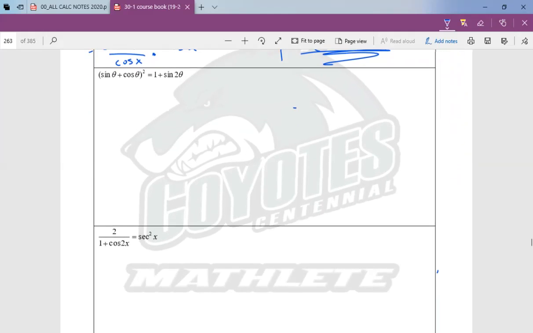Next one. Sine theta plus cos theta all squared is my left side. My right side is 1 plus sine 2 theta.